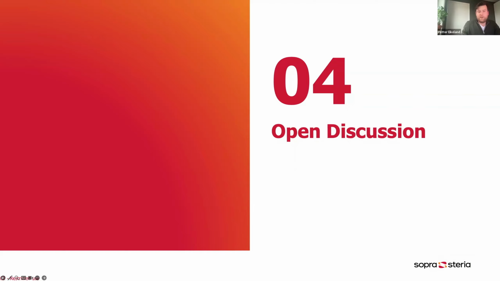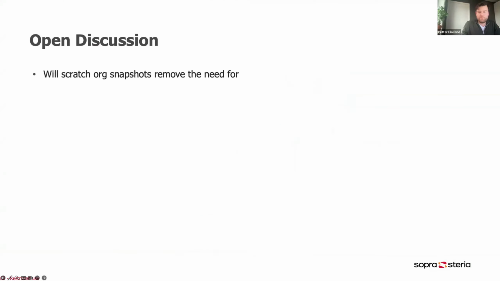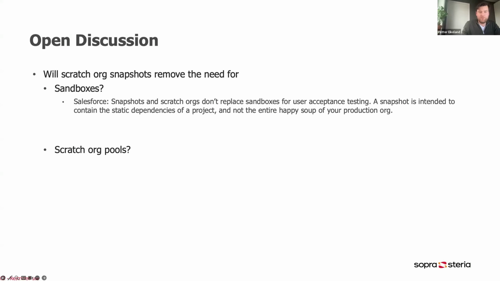We can jump into that one. I actually have it listed as one of those open discussions, so I can quickly go to that one. It's a really good question. I'll skip over whether Scratch org snapshots will remove the need for sandboxes and jump to the pooling. My view of that is, I thought about that as well.